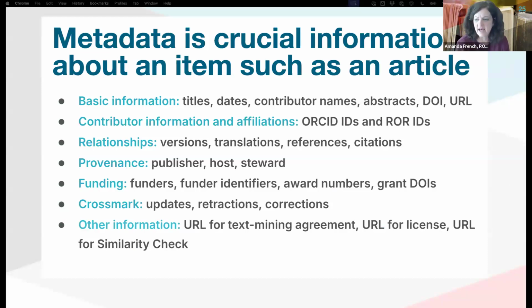But I think what a lot of people don't always know is that there's a lot of additional metadata beyond bibliographic metadata that can be associated with a content item, and a lot of that metadata is what is stored in the DOI.